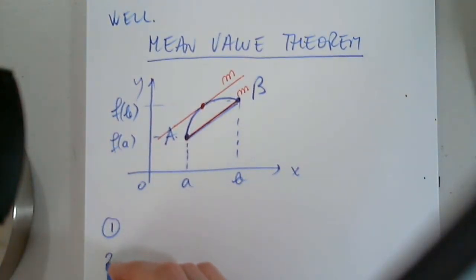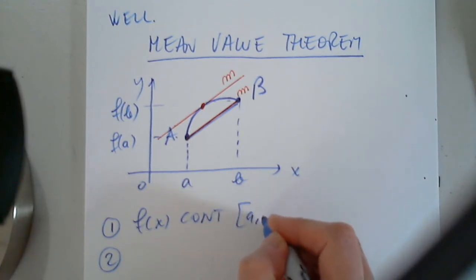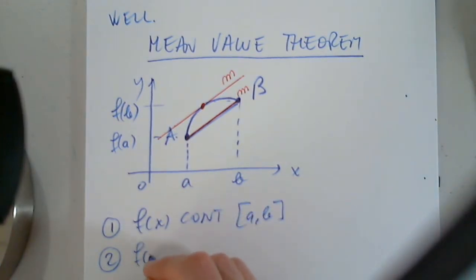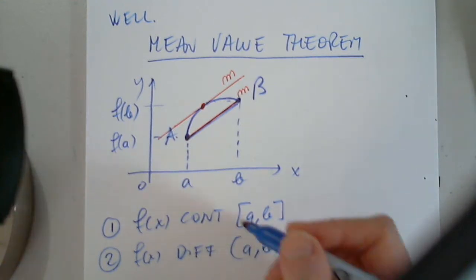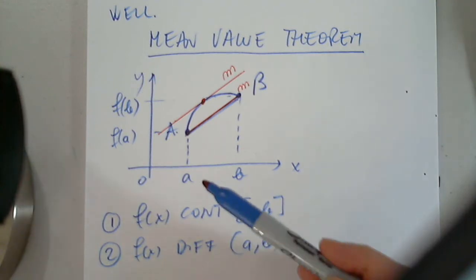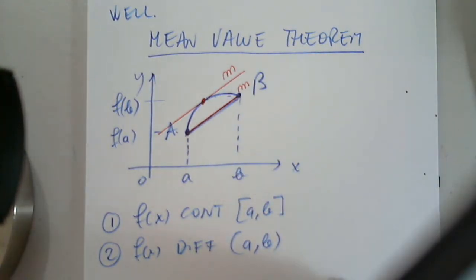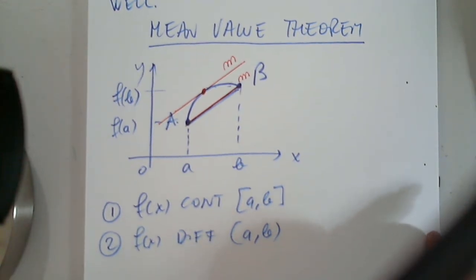So the first hypothesis and the second hypothesis are the same hypotheses as in Rolle's theorem. f of x continuous on the interval [a, b], and f of x differentiable at least on the open interval. We don't care what happens at endpoints. Continuous, differentiable, no cusp, no corner, no vertical tangent, and that's it.